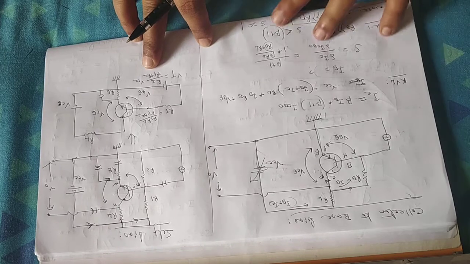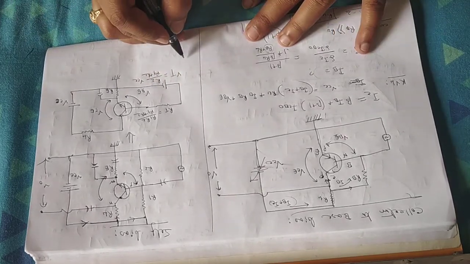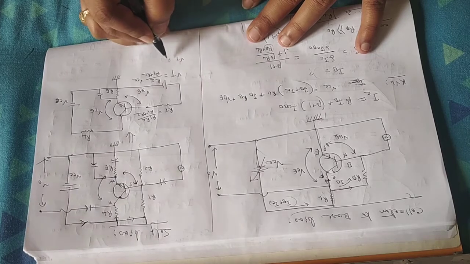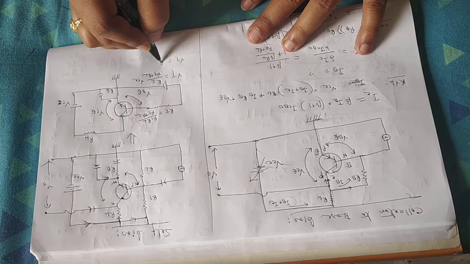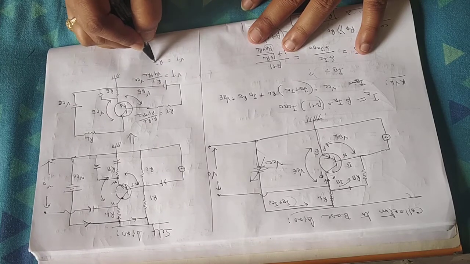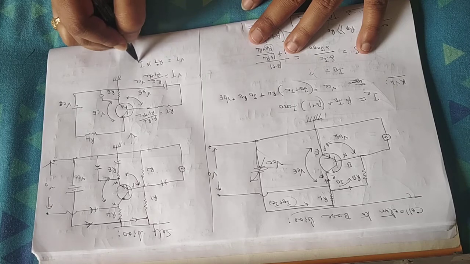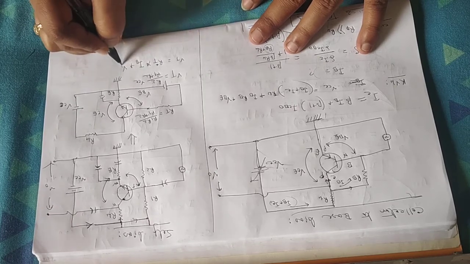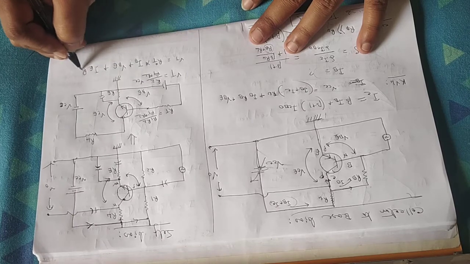Now applying Kirchhoff's voltage law in the input circuit, you can get VT equals RT into IB plus VBE plus IE into RE.